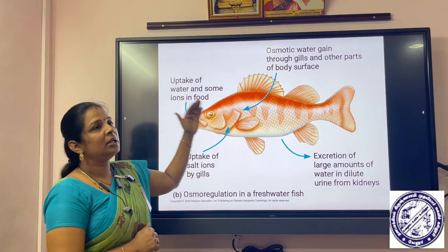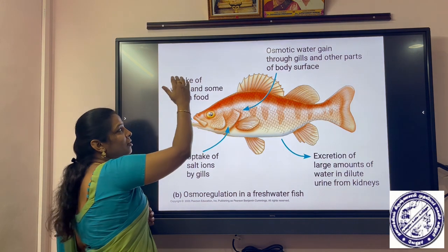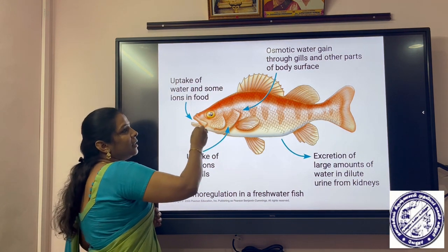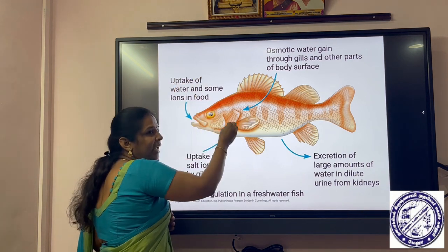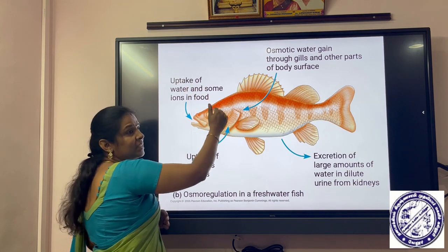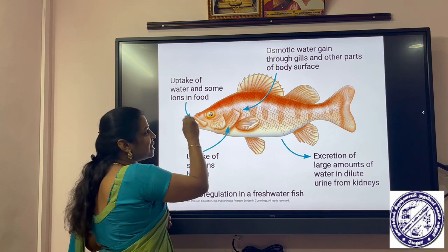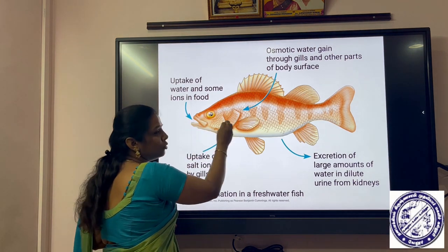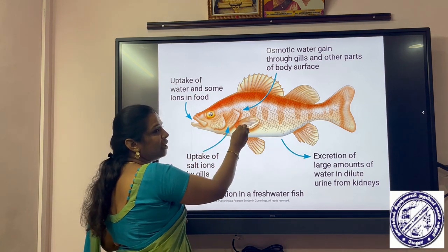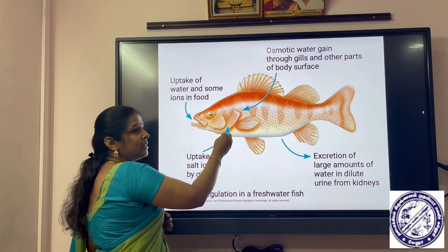Here the process is endosmosis. Because the electrolyte is very much less in the surrounding, the water tries to get inside the animal, so it faces hydration. A large amount of water gets inside through the gill and also through the gut. The hydration of the animal, the internal medium, will be very high, so the salt concentration is diluted.